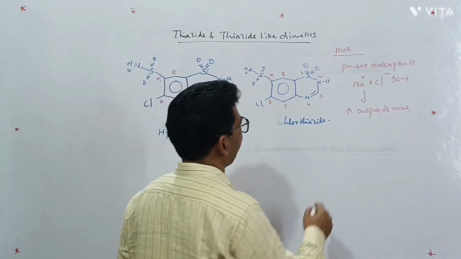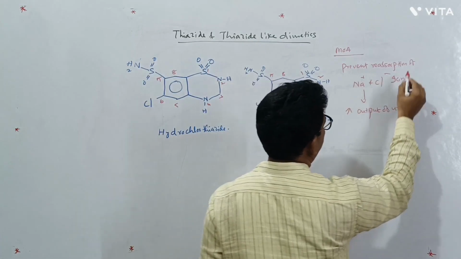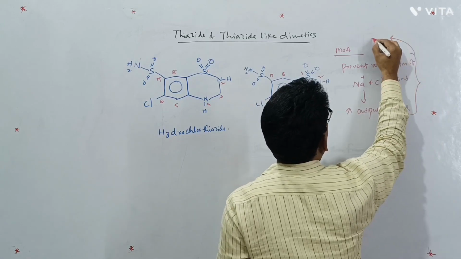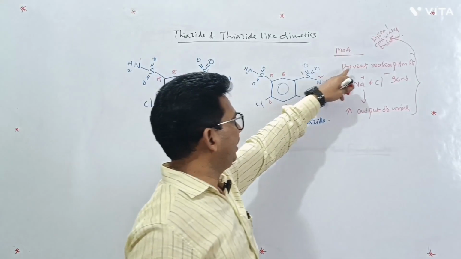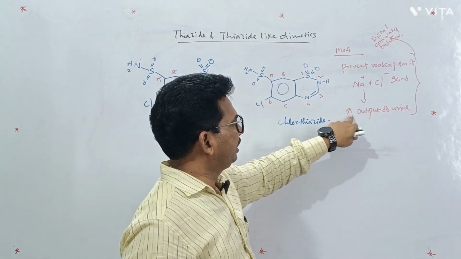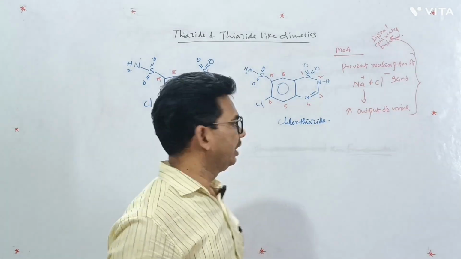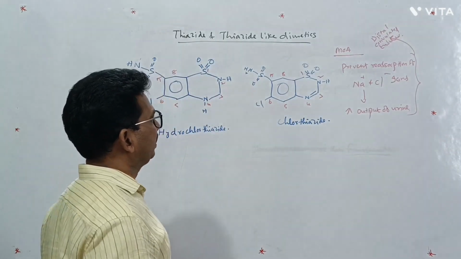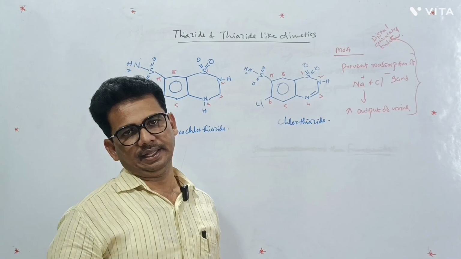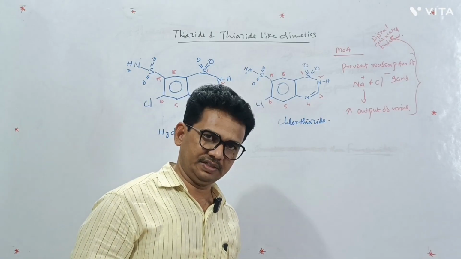This entire mechanism occurs in the distal convoluted tubules. The uses will be similar to the last ones, ethacrynic acid and furosemide, which we discussed.